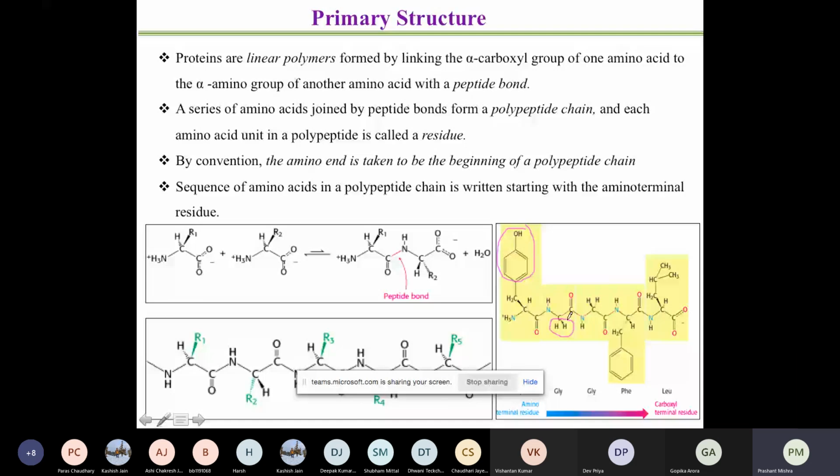Then this is again glycine, another R group. So these are R groups. Now the rest of the chain, which is without R, is making the main chain. And these R groups are side chains.